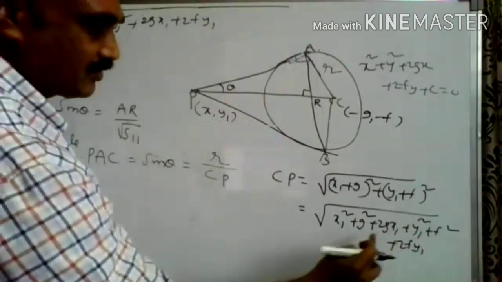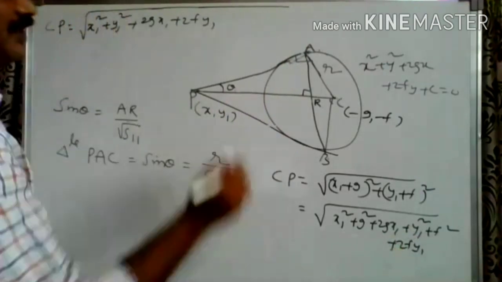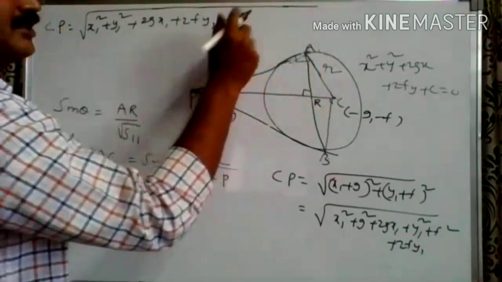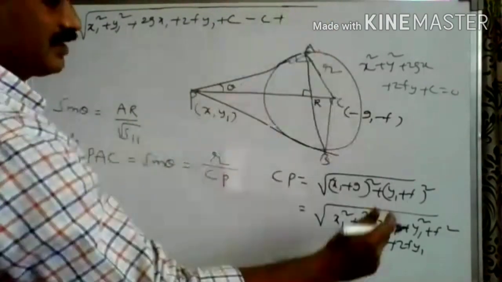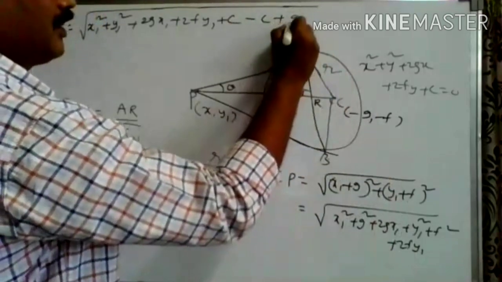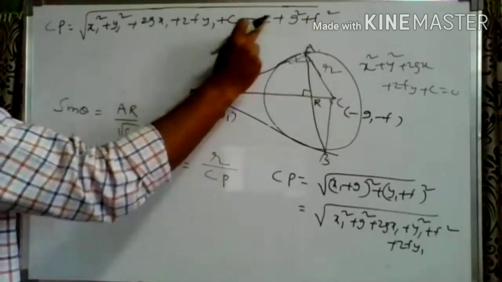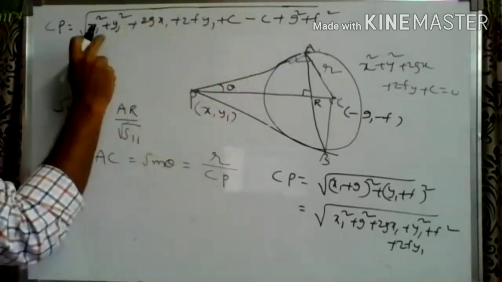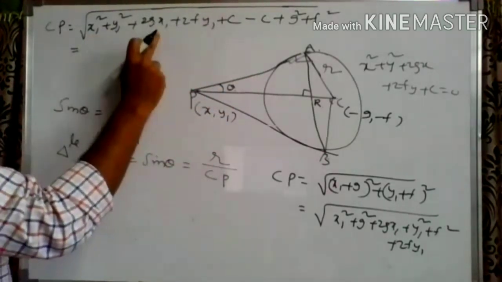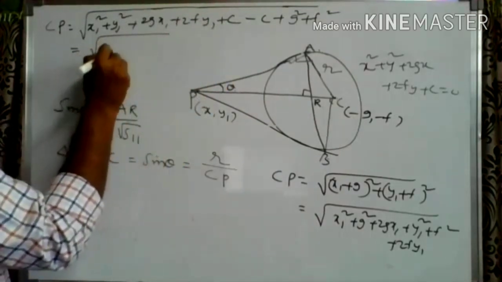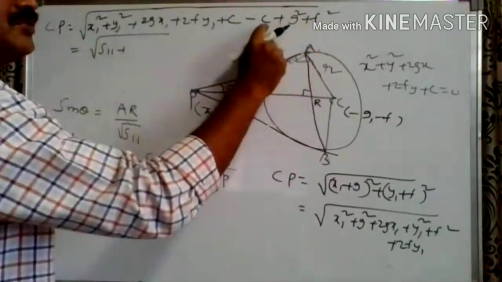Adding and subtracting c, we get x1 square plus y1 square plus 2gx1 plus 2fy1 plus c, which is S11, plus g square plus f square minus c.